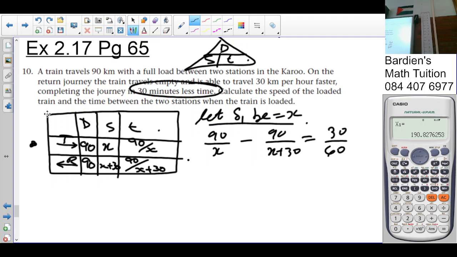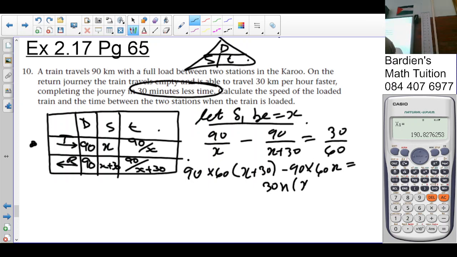Worked it out already. So once you find the LCM, it's going to be 90 times 60 into x plus 30 minus 90 times 60x equals 30x into x plus 30.